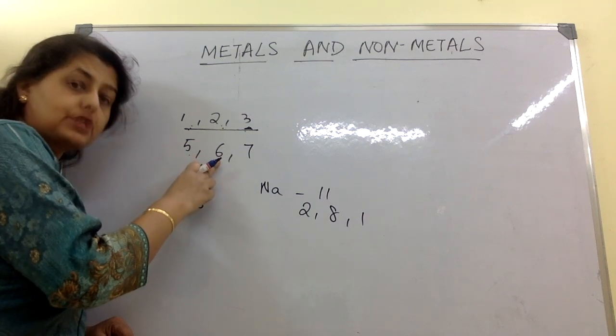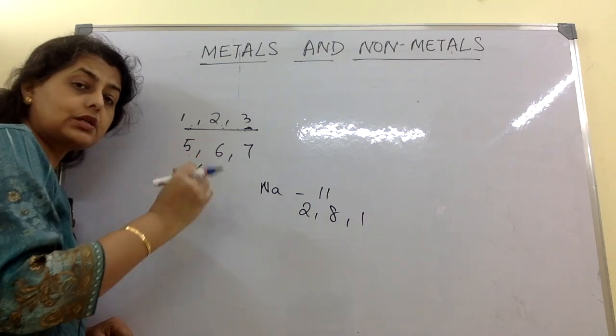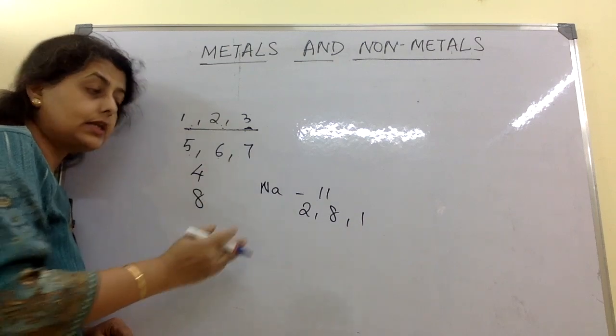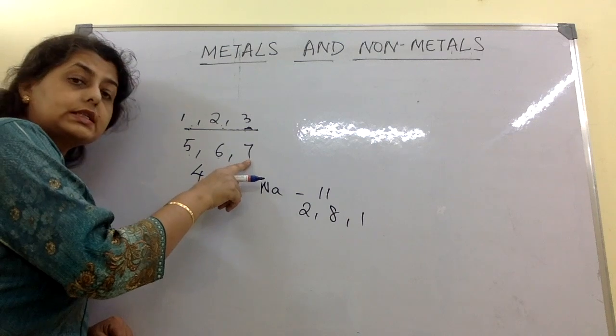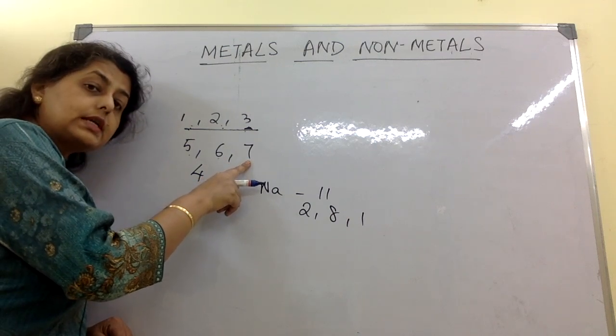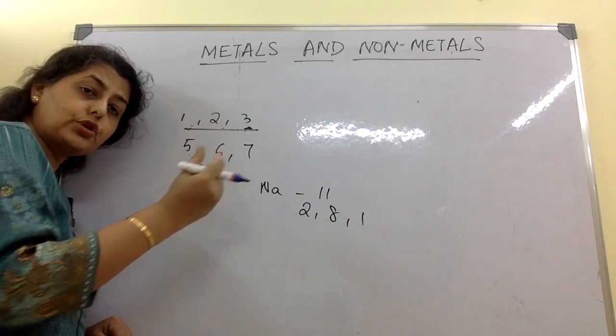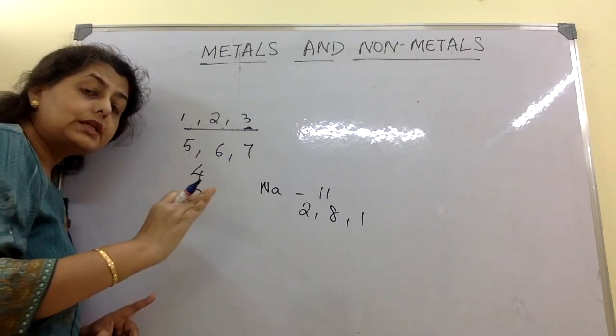Oxygen has 6 in the outermost orbit, so oxygen also wants to take 2 electrons so that it has 8 electrons in the outermost orbit. And then 7, let's say this is for chlorine, and chlorine will also want to take 1 electron and complete its octet.